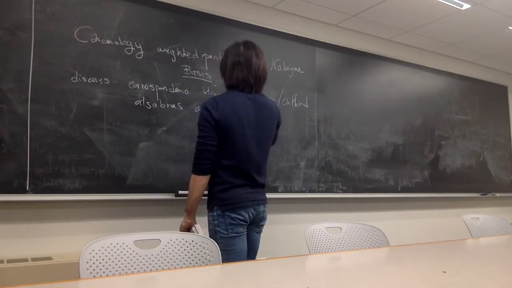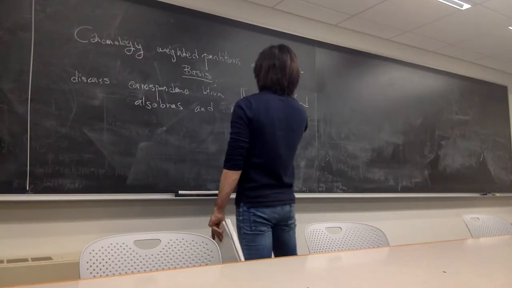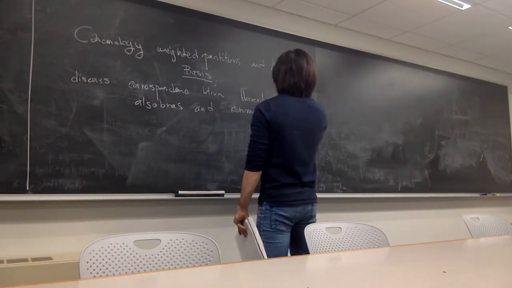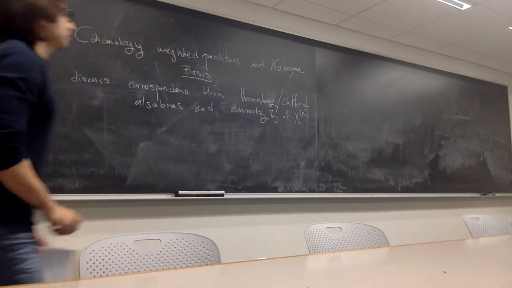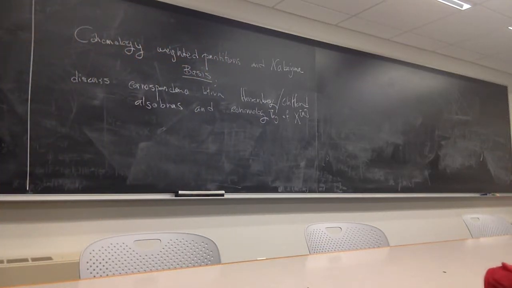Cohomology theory of Xn, which is the Hilbert scheme of n points on a given quasi-projective variety X.